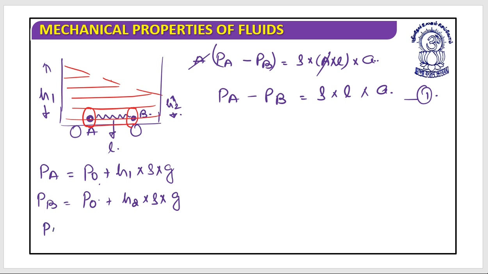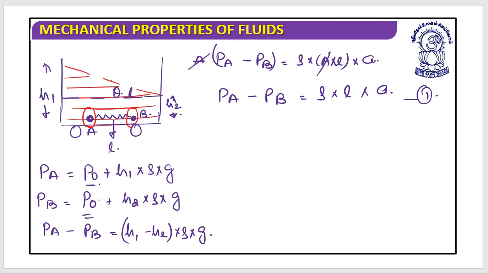If I take the difference, PA minus PB, P naught has gone, and this is equal to H1 minus H2 multiplied by rho into G. I hope this is clear. One more thing is that you can see this as a triangle as well. This is theta, and the difference of the heights is h1 minus h2.